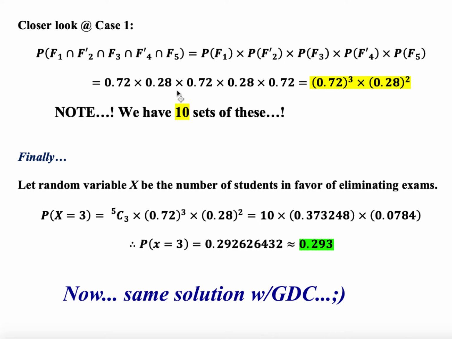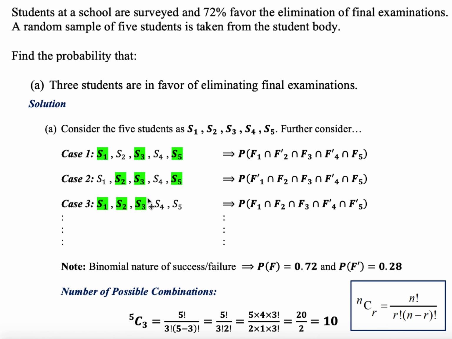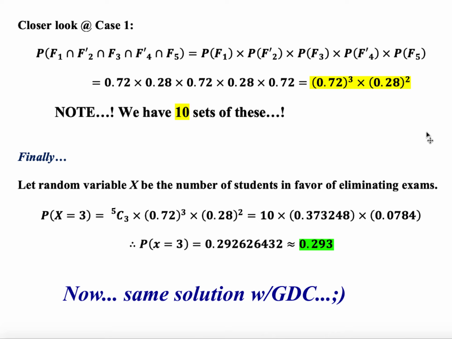And so you've got 0.72 actually showing up 3 times and 0.28 showing up 2 times. So there's 10 sets of those, because if I went back here and looked more closely at this second case, same exact thing, right? You got the 0.72 3 times and the 0.28 2 times, et cetera. So there are actually 10 sets of those.